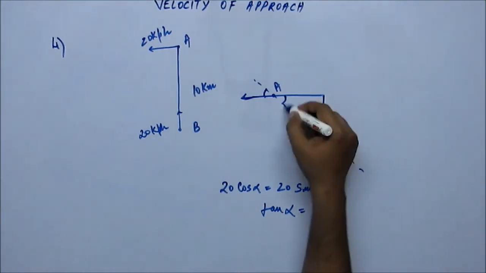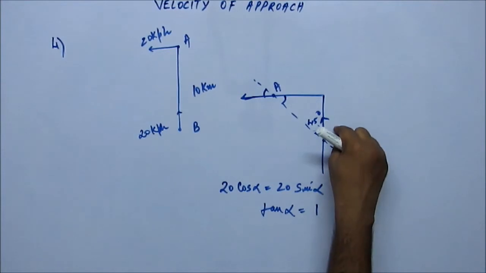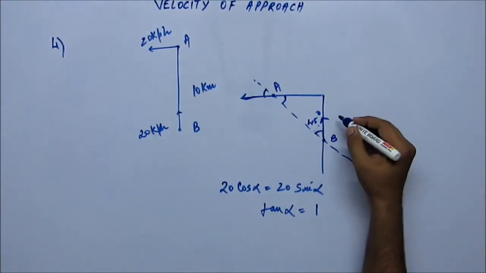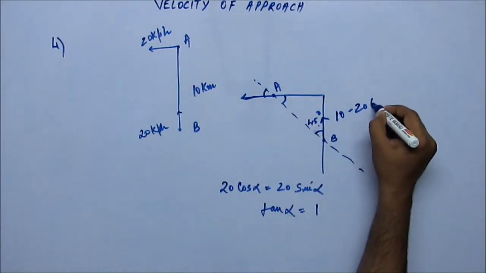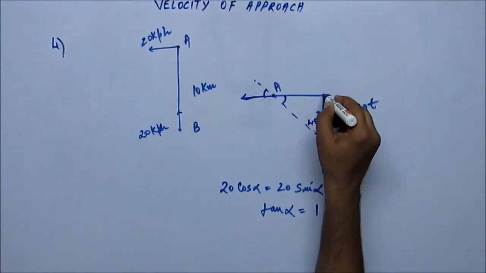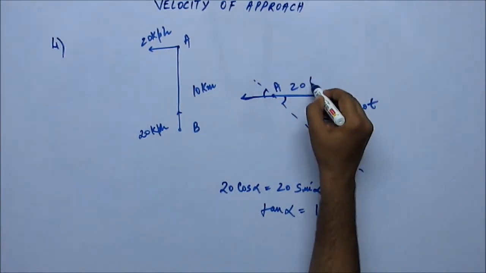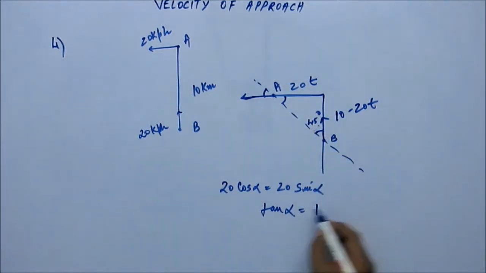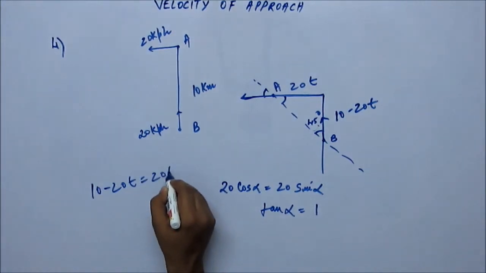Fine. Now if this is 45 degrees, let's consider this to be happening at time t. When this has happened at time t, this distance would be 10 minus 20 into t, because 20 into t is the distance traveled by B, and this is the distance traveled by A. This will also be equal to 20 into t. Now these two must be equal from this triangle. So 10 minus 20 into t should be equal to 20 into t.